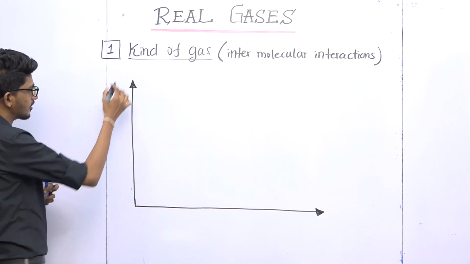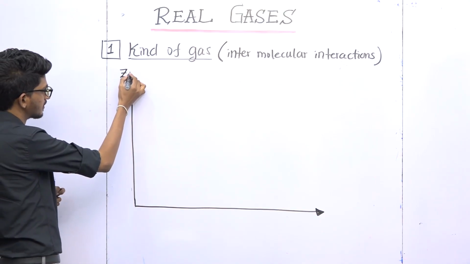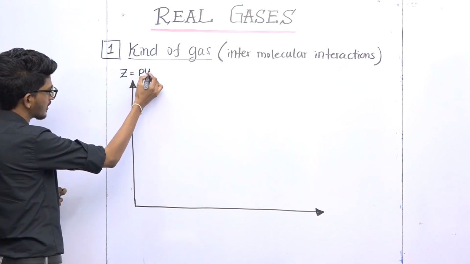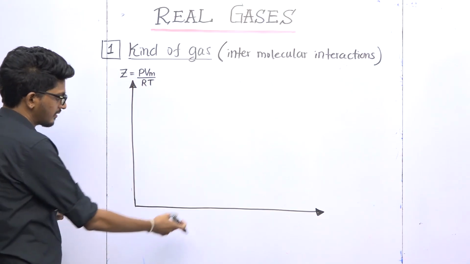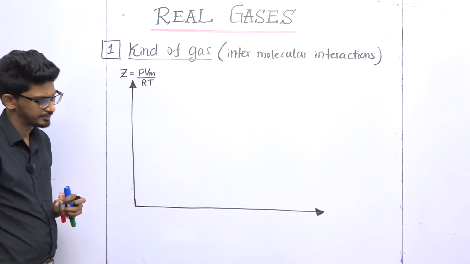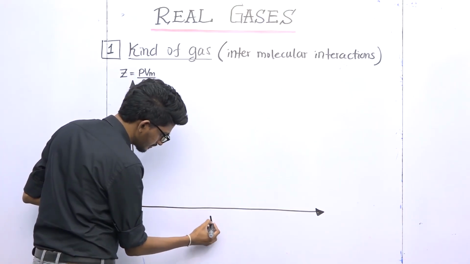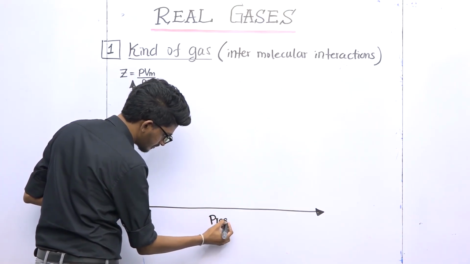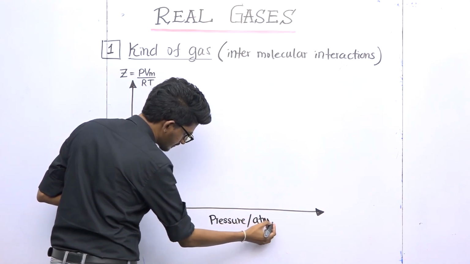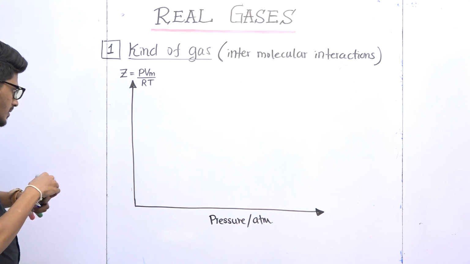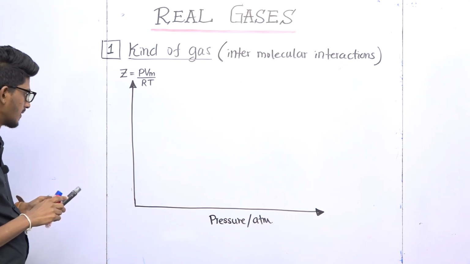On this axis, you have Z, the compressibility factor, equal to PVm over RT. On this axis, it is the pressure in atm, right?